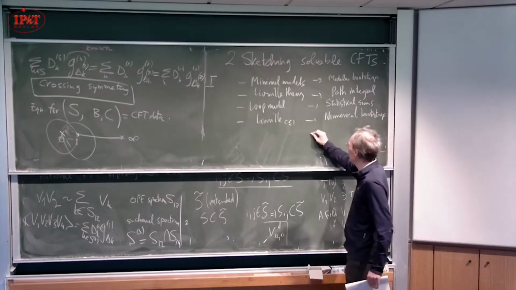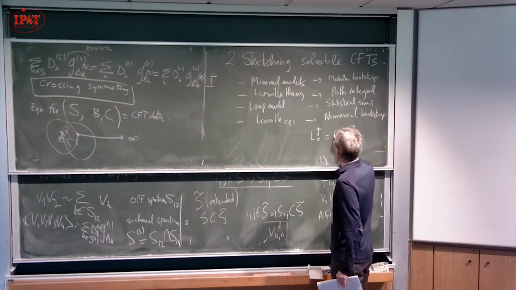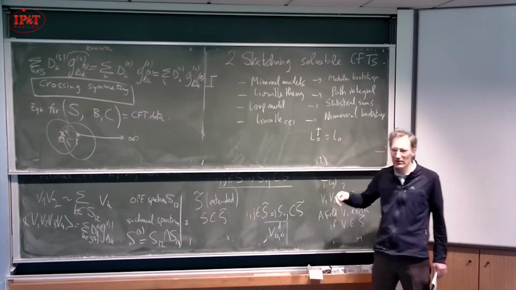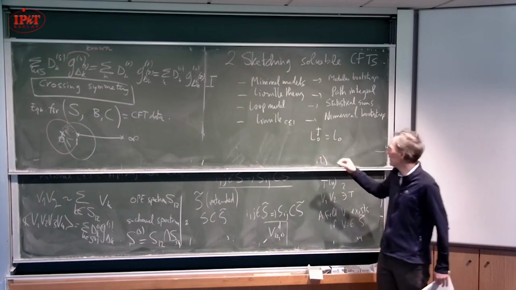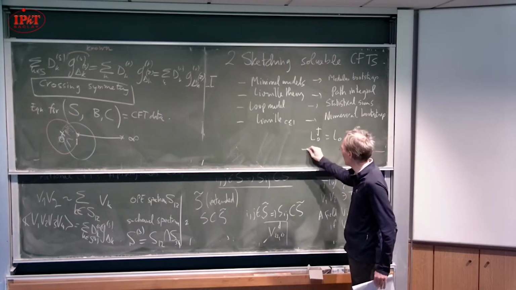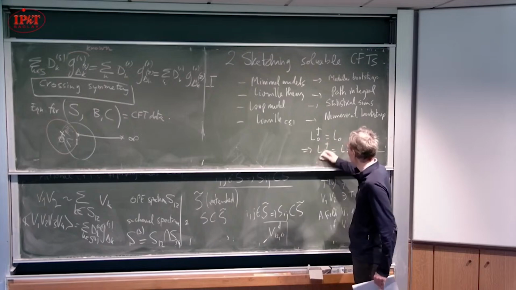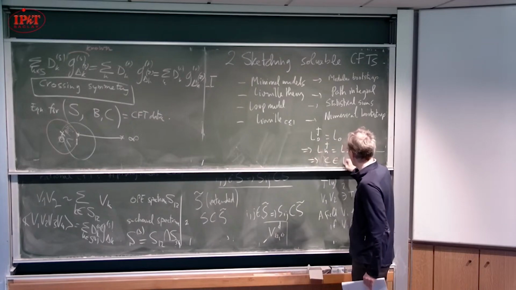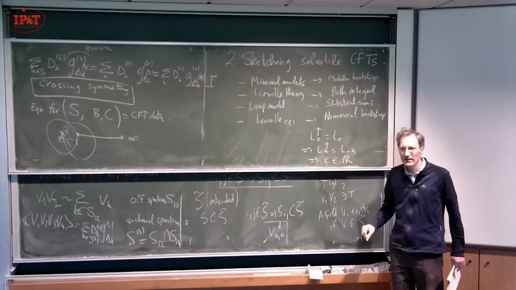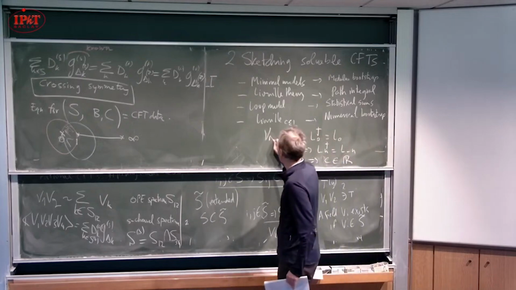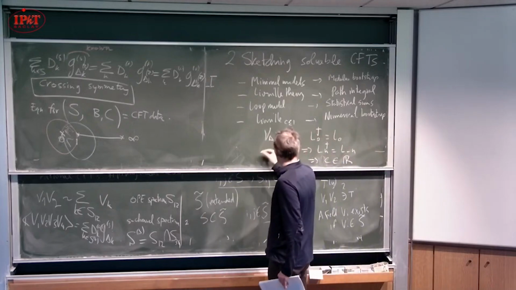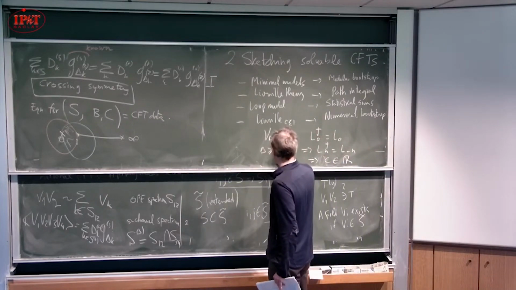So you want basically L0 to be self-adjoint because you want to interpret it as your Hamiltonian. And this implies all sorts of things. First of all, Ln dagger equals L minus n. This implies that the central charge is real. And then if you look at the Verma module, it implies that delta is positive.